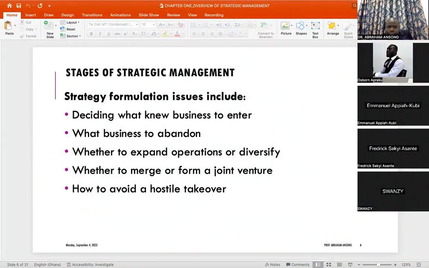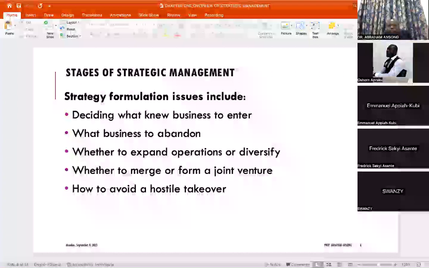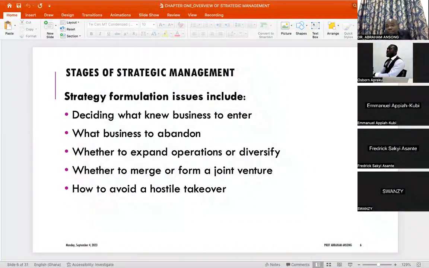Okay. The next decision is whether to expand operations or diversify. So very close to what we've explained earlier. You want to be making a decision. If the current business has potential, then you may be thinking about expanding your operations. Okay. If you foresee some danger or you just want to diversify your risks, you may want to diversify into other businesses instead of expanding your current operations.